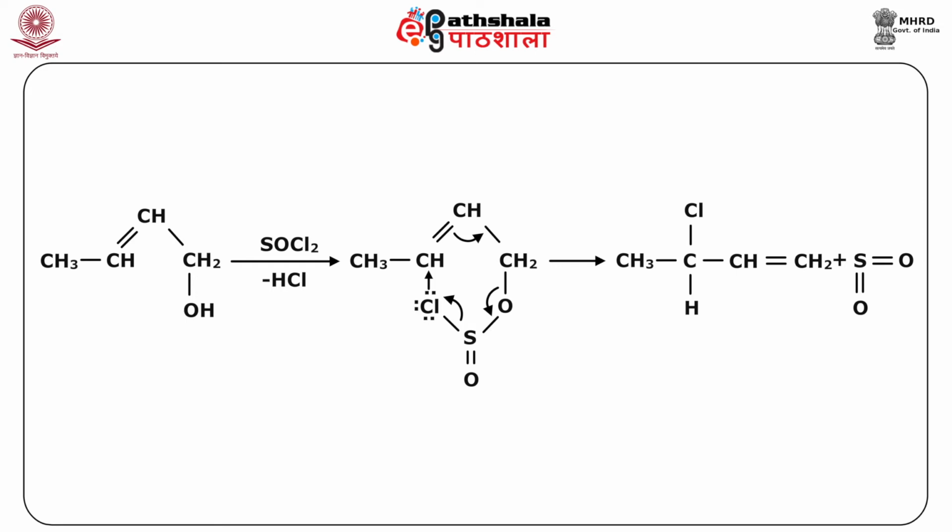This is only happening because of the SNi mechanism. We cannot explain this reaction on the basis of SN1 or SN2 mechanism. This type of reaction is called internal substitution with allylic rearrangement, abbreviated as SNi', and thus appears to be the favored reaction path with allyl chlorosulfites in general.